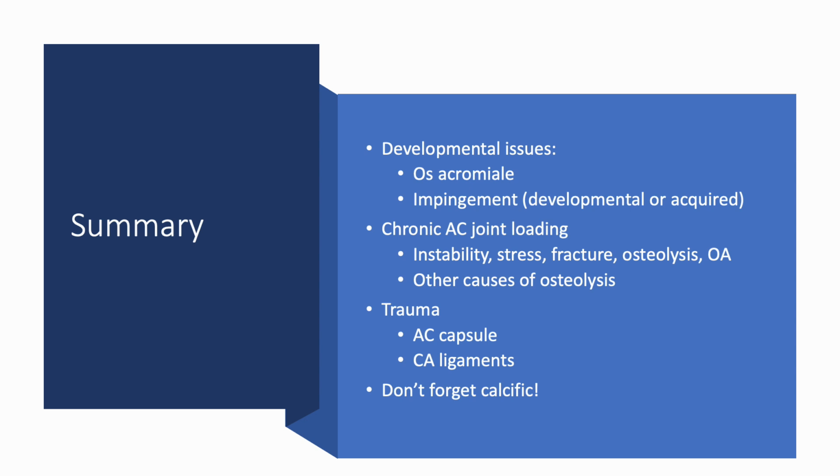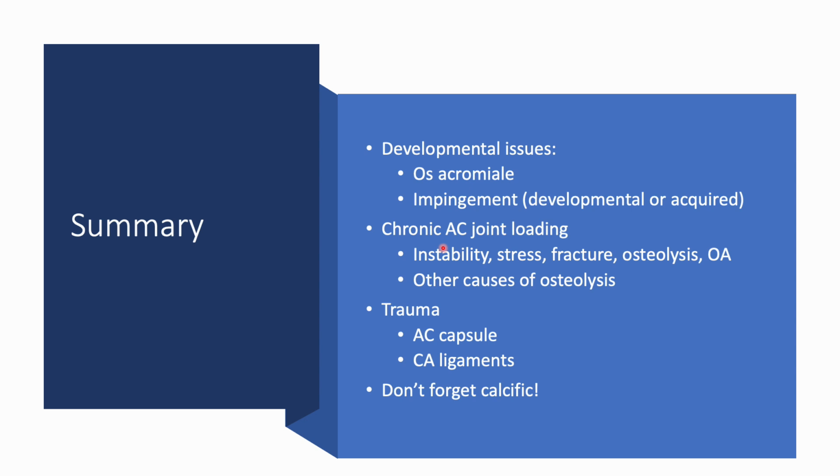So what we've talked about with the acromioclavicular joint, we talked about the developmental issue. So the os acromiale, don't call it below the age of 21, and whether it can produce potential impingement or micro instability related pain. We've talked about chronic AC joint loading resulting in instability, stress fractures, osteolysis, osteoarthritis, and then we've talked about some other causes of osteolysis.